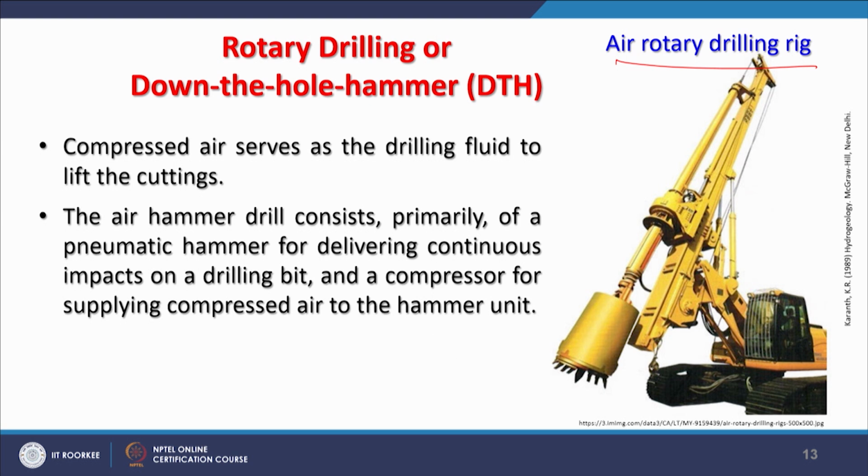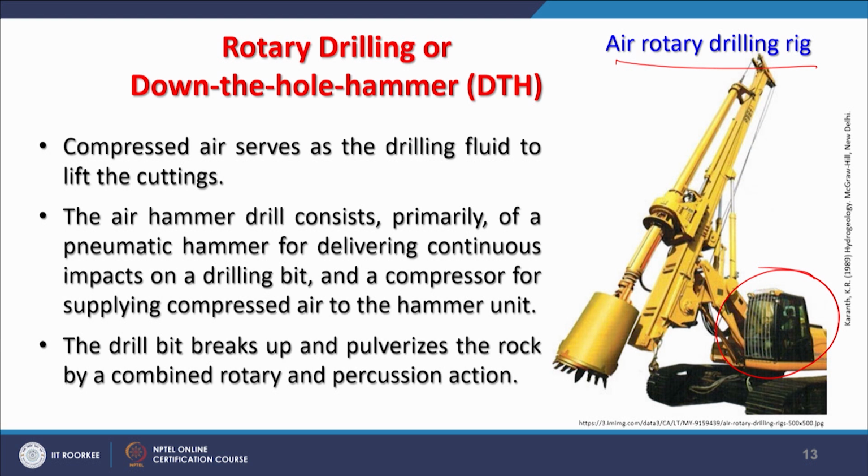The air compressor or air hammer drill consists primarily of a pneumatic hammer for delivering continuous impact to the drilling bit, so that the drilling bit keeps moving, and a compressor for supplying compressed air to the hammer unit.